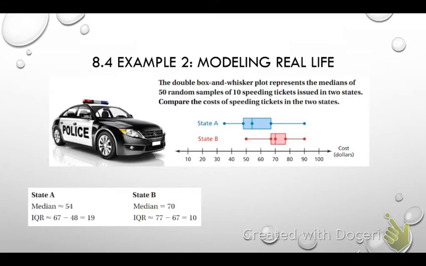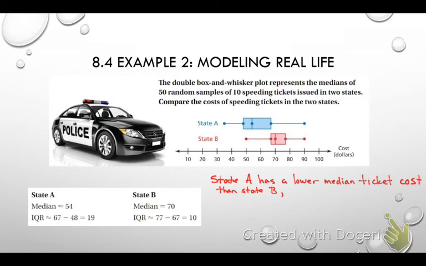All you have to do is draw that comparison, and I give you the medians. What's the median ticket value in state A? About 54. And what about state B? 70. So state A has a lower median ticket cost than state B.